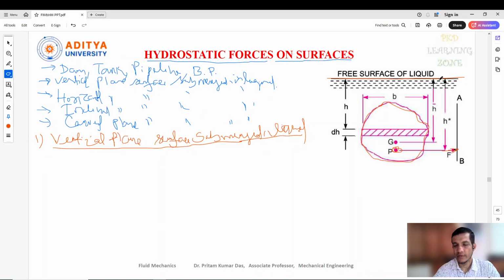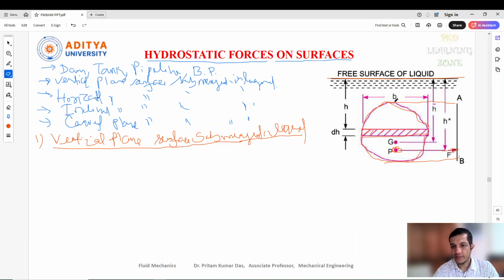This is the free surface of the liquid, and here you can see some water lines. In this object we have considered a small strip area whose width is dh, running from point A to point B.